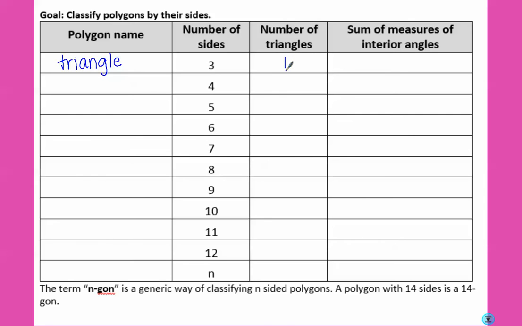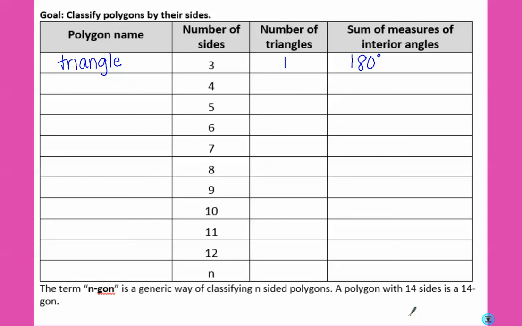There's just one. And what was the sum of the interior angles of a triangle? That's right, it was 180 degrees. We can use that idea to help us determine how many degrees are in these other types of polygons.